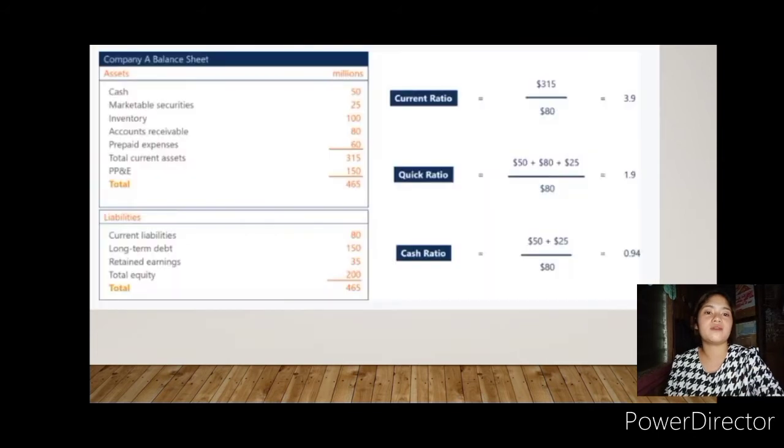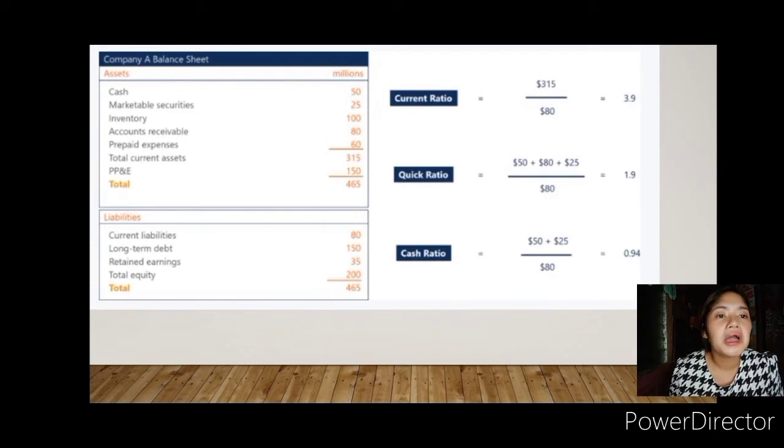For example, in this table, the company A balance sheet: current ratio is 3.9, quick ratio 1.9, and cash ratio 0.94.